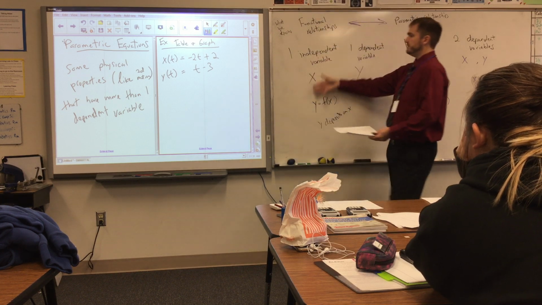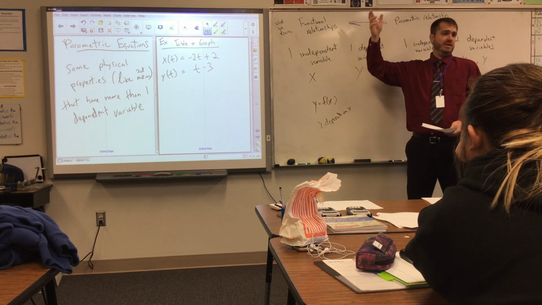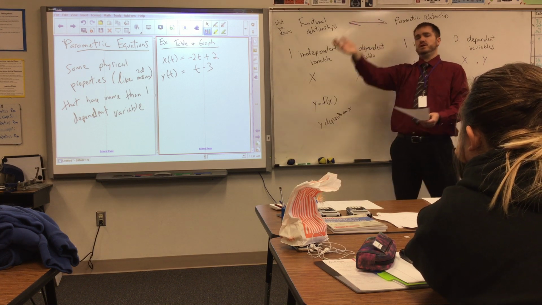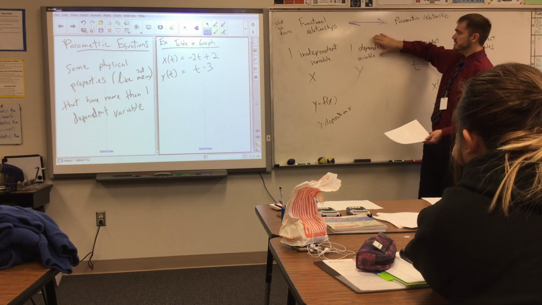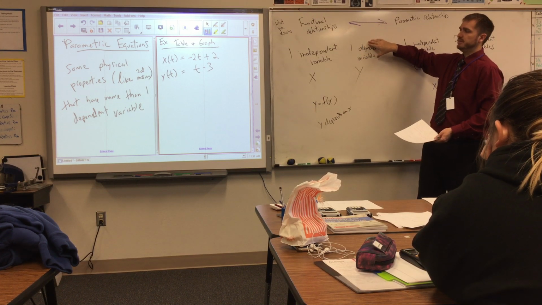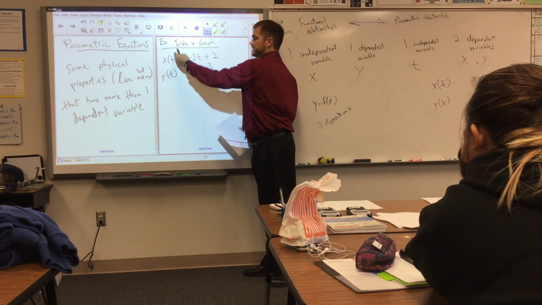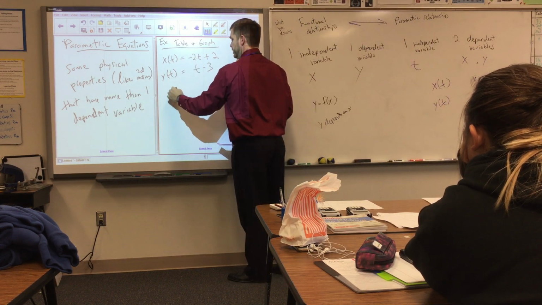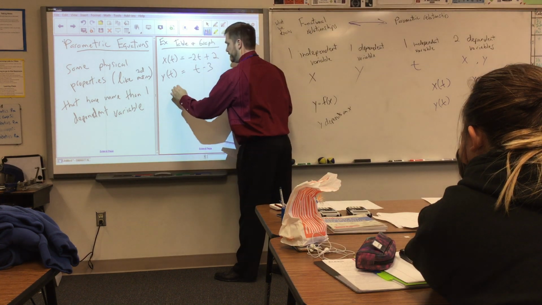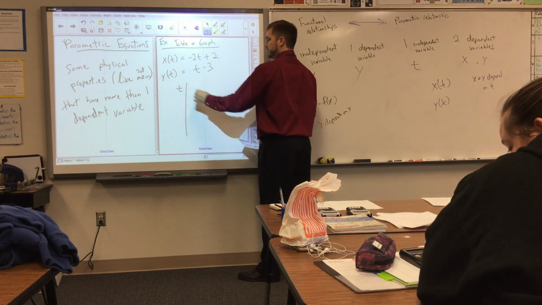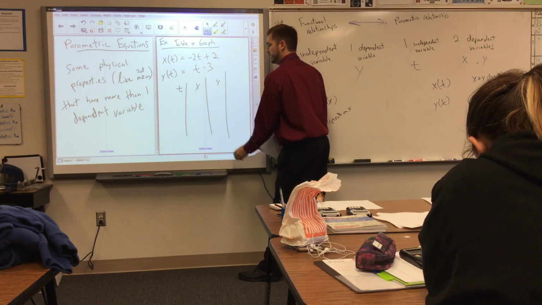Now, how do we go about developing a table for this? Well, normally when we develop a table for our functional relationships, with our independent variable we can just pick whatever we want. We pick x is -3 or -2 or 5 or whatever, and then we plug it into the formula to figure out the y value. That's exactly what we're going to do here, only this time we have two things which depend on t. So my table's left-hand column is going to be t, then an x column, and then a y column.